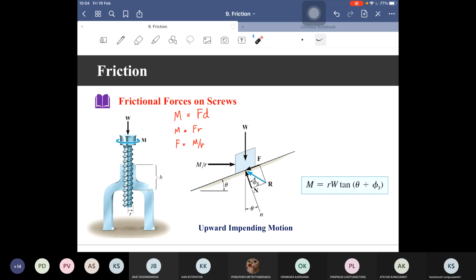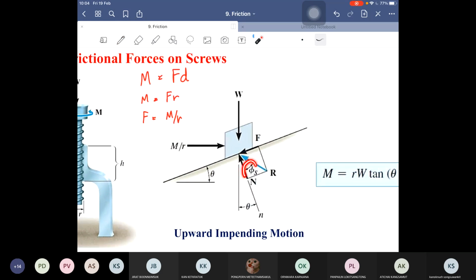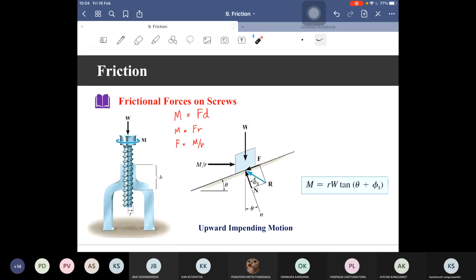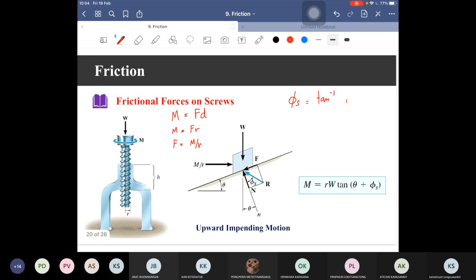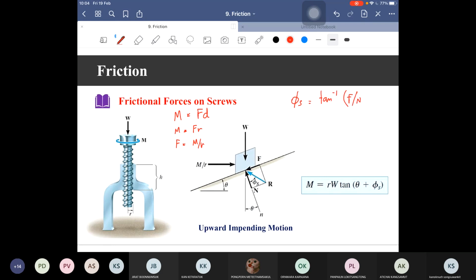And we can also determine this angle phi s by using this construction. Then phi s equals arctan F by N. Then use this angle to resolve N and F, or R, into each component along x and y.